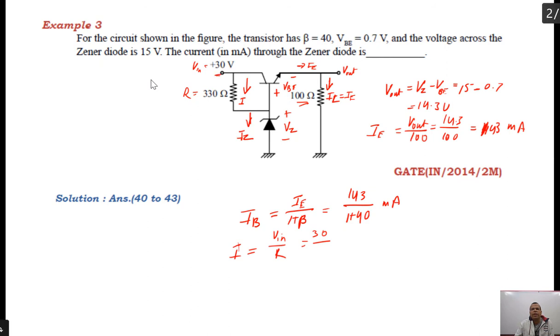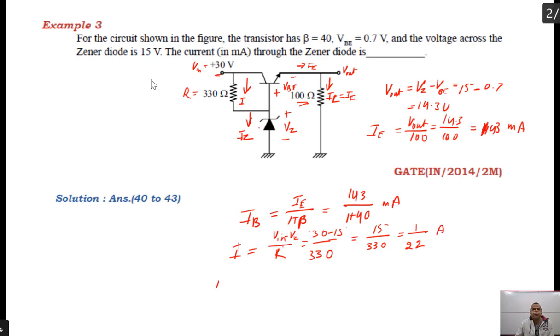Input voltage minus Vz has to be there. So 30 minus 15 divided by 330 ohm. This is equal to 15 by 330 ohm, or that is equal to 1 by 22 amperes, right?